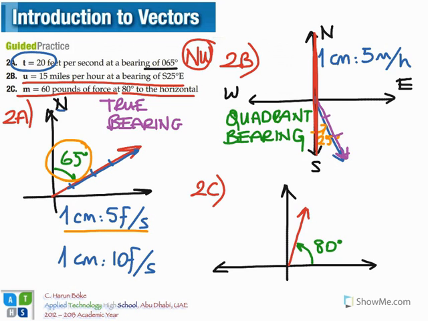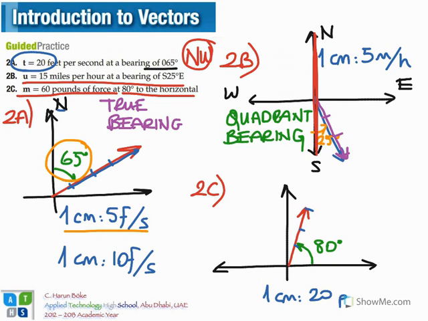draw my vector. Now my scale can be like this: 1 centimeter to 20 pounds of force. So I have to draw a 3 centimeter long vector in this direction.